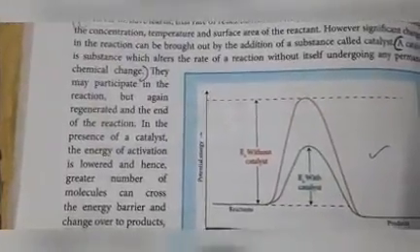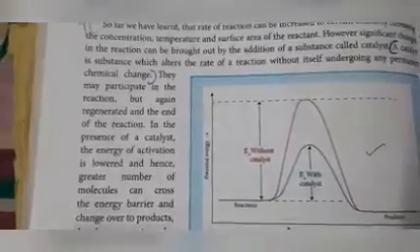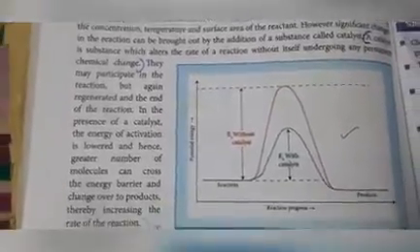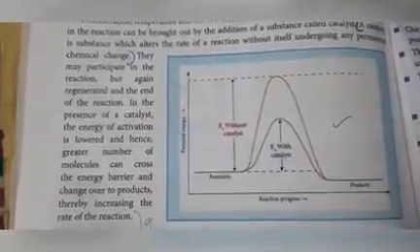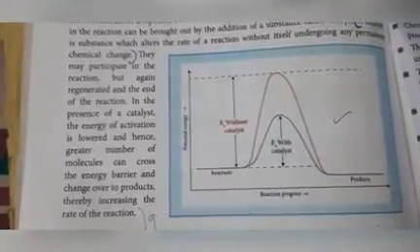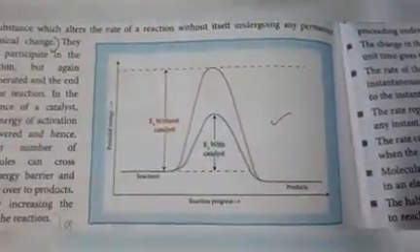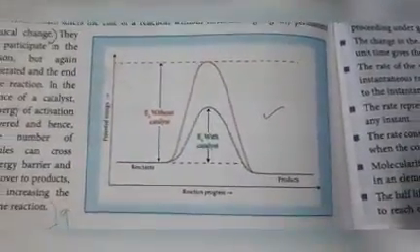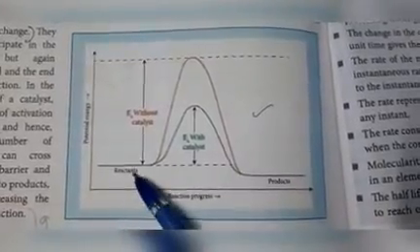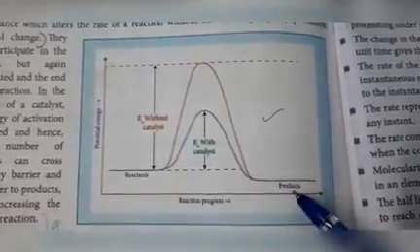In the presence of a catalyst, the energy of activation is lower, hence a greater number of molecules can cross the energy barrier. For understanding this line, you have to know about this diagram. See this diagram, this is the reactant and this is the product.